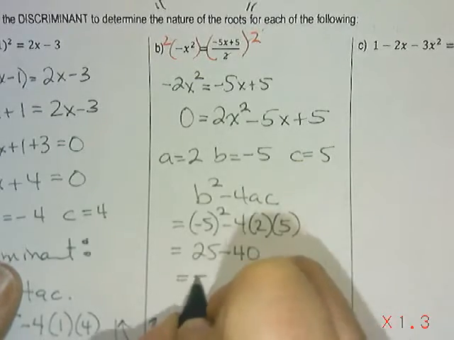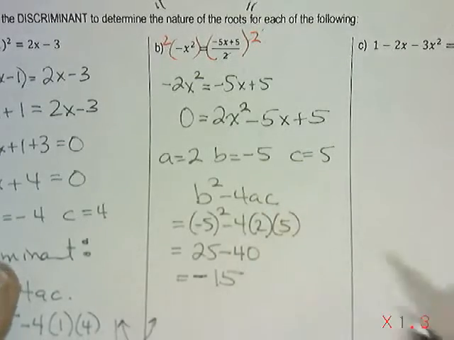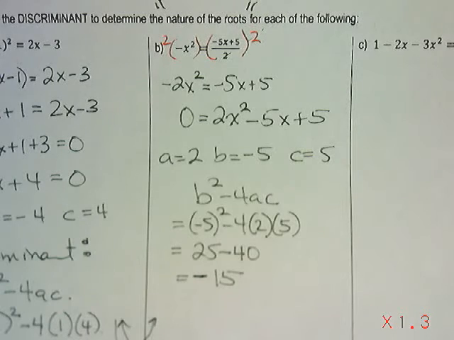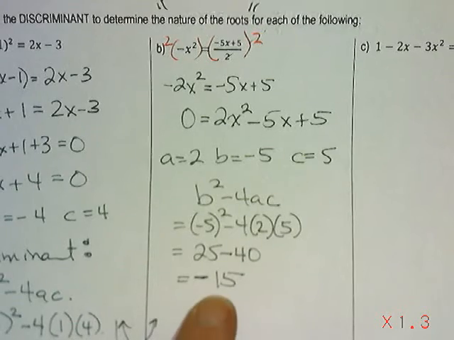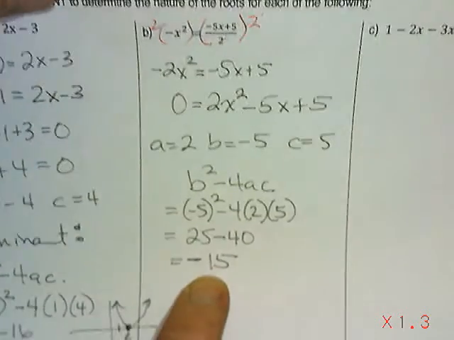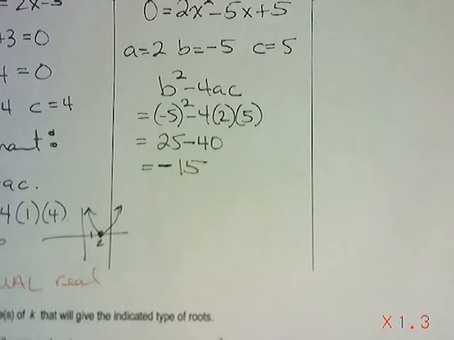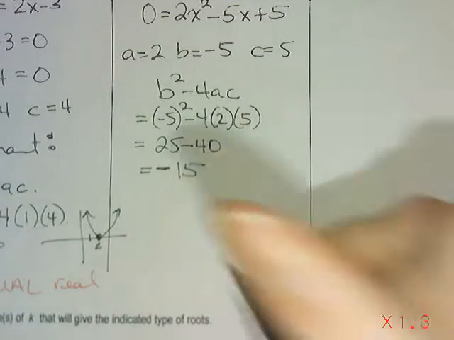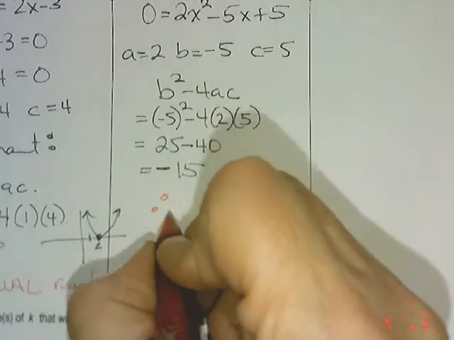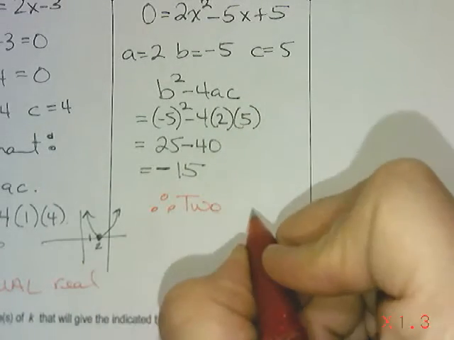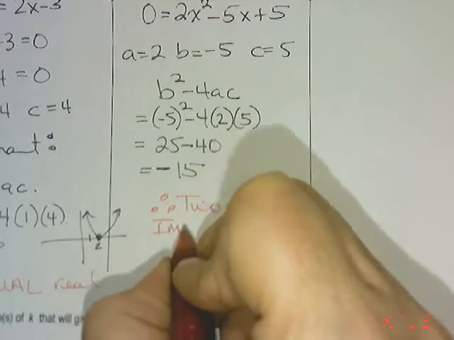I get a negative 15 as my value for my discriminant. Well, remember, in my quadratic formula, the discriminant is under the square root sign. So a negative 15 under the square root sign would create something that is not a real number in the real number system. And so, therefore, I would have two roots, but they're imaginary numbers.